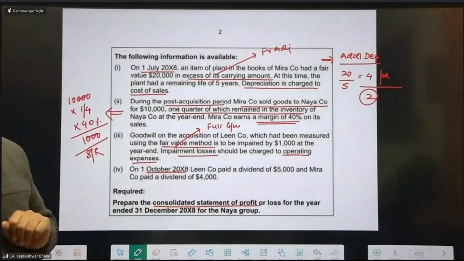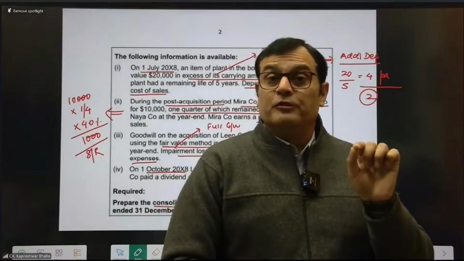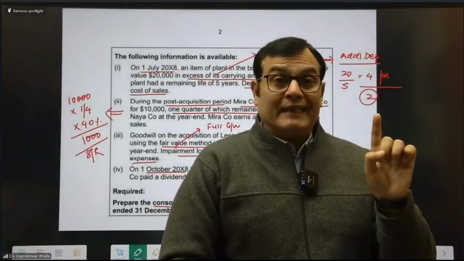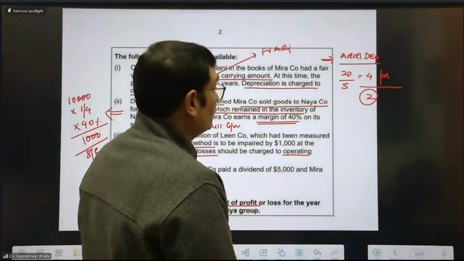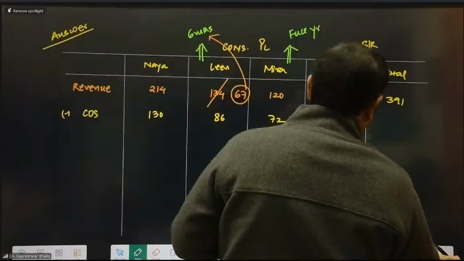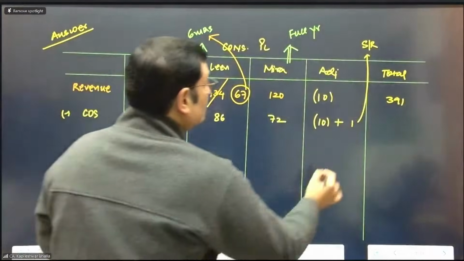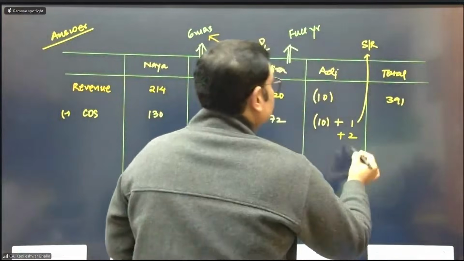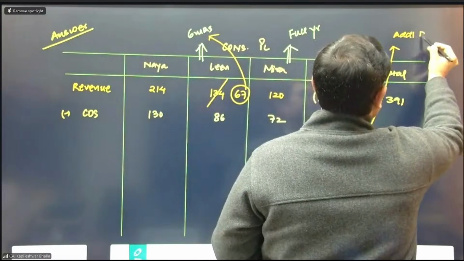So we'll take 2. We need to consider additional depreciation only for the post-acquisition period, July to December. Annual depreciation is 4, but we're going to consider 2, and that's a part of the cost of sale. Just to pinpoint, that is the additional depreciation.